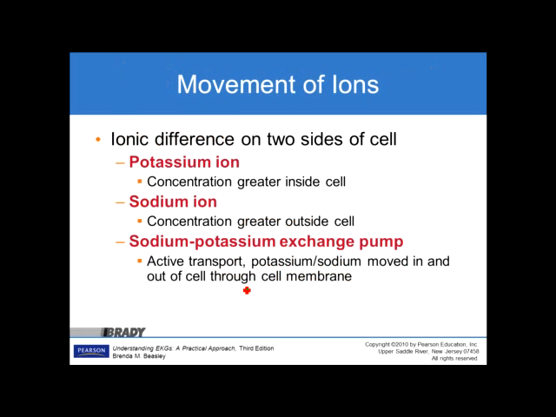Movement of ions. Ionic difference on the two sides. Potassium is pretty much inside the cell. The sodium is pretty much outside the cell. This works and is allowed to move inside of the cell by active transport, or if we had a cell wall, the sodium-potassium pump would be here. Potassium is going to be inside the cell. This is going to be outside the cell.